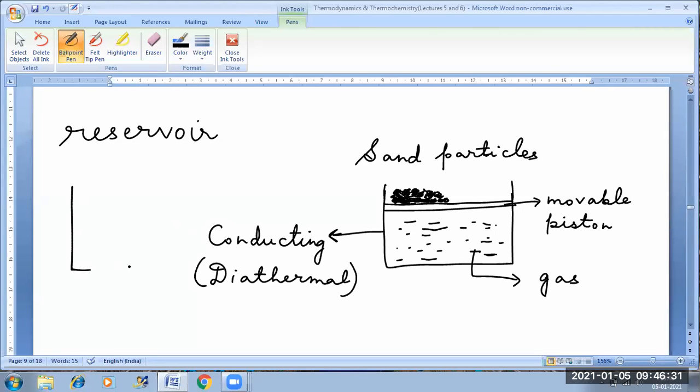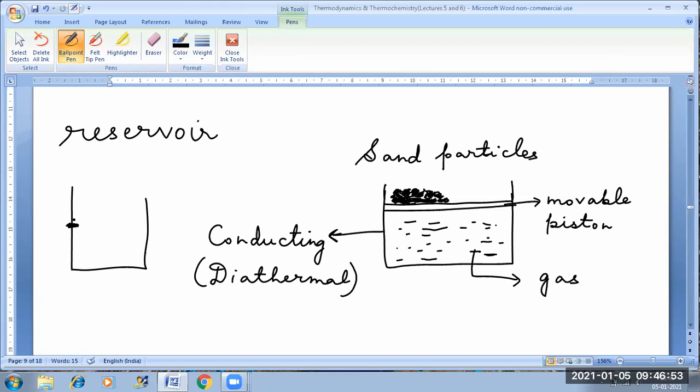Initially, let's say the piston is here. The position of the piston will indicate each particular point on the curve that you draw in a graph. So this position was initial.